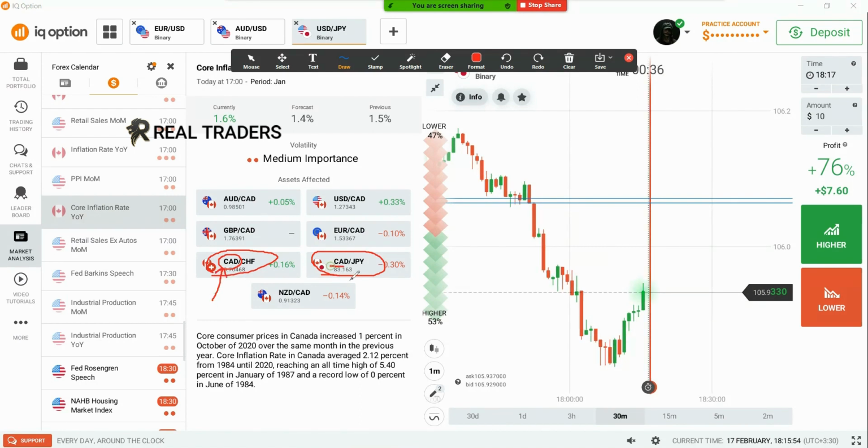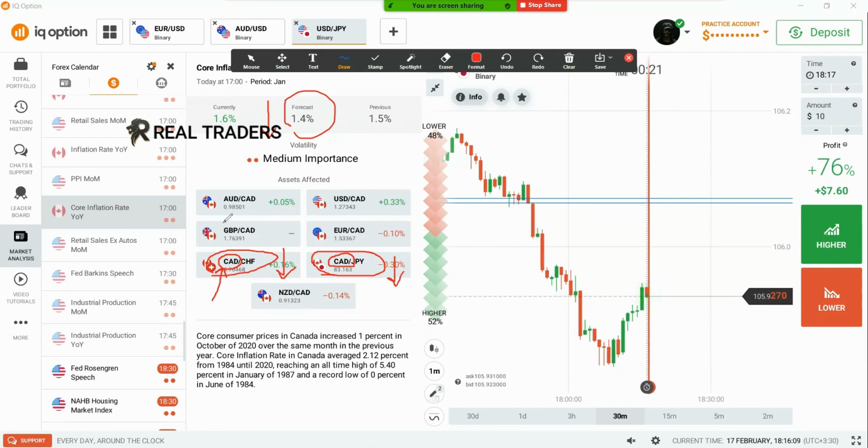So this is the major currency. The forecast shows us the CAD will decrease. So the CAD CHF will decrease, the CAD JPY will decrease.